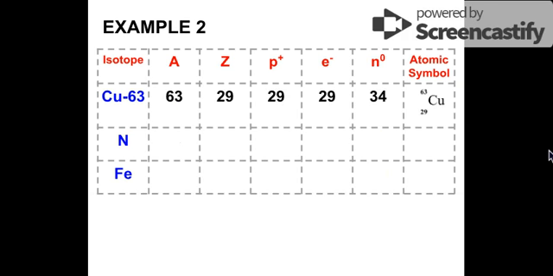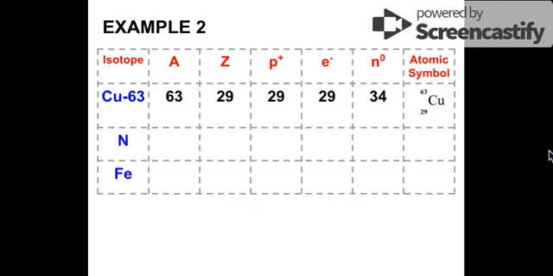So let's approach each of these givens one by one. The first one, you see copper 63. So this will be easy for us to determine the number of subatomic particles and its atomic and mass number, because 63 is already given. So 63 automatically is the mass number, which falls in the column of A. And because copper, when you look at the periodic table, has an atomic number of 29, that means the Z value is 29.